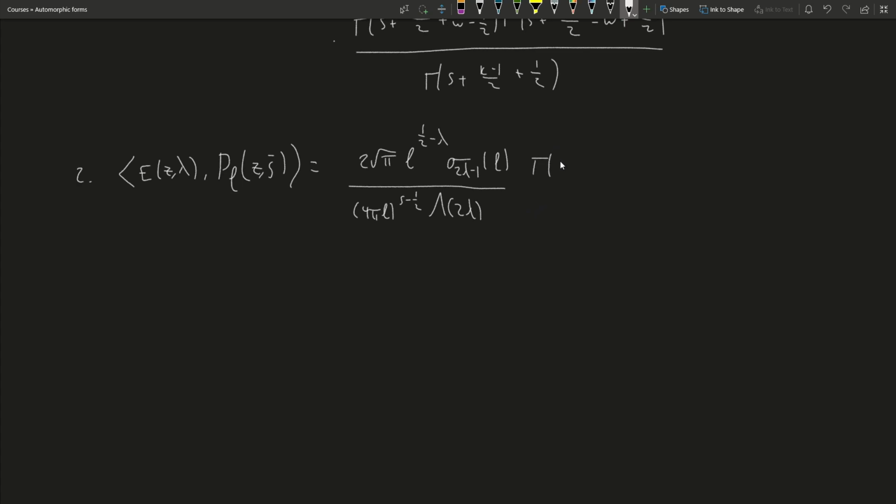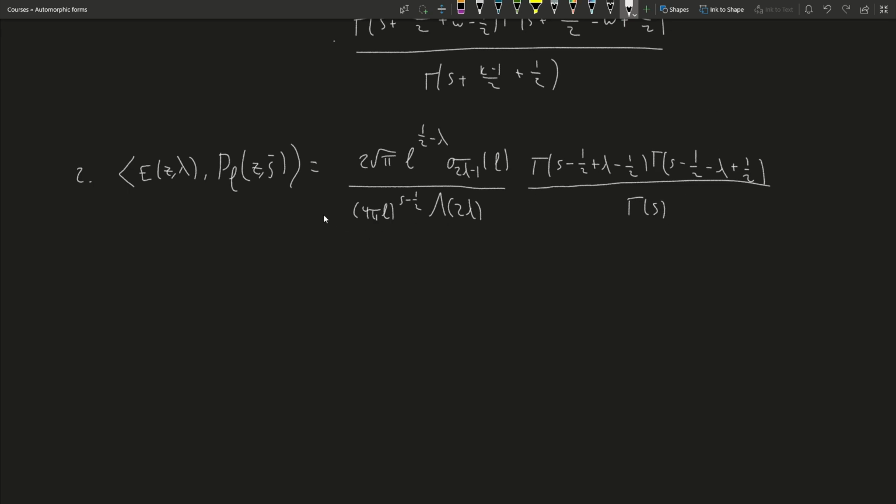Then you have these gamma factors, gamma(s - 1/2 + lambda - 1/2) gamma(s - 1/2 - lambda + 1/2), and all this divided by gamma of s.